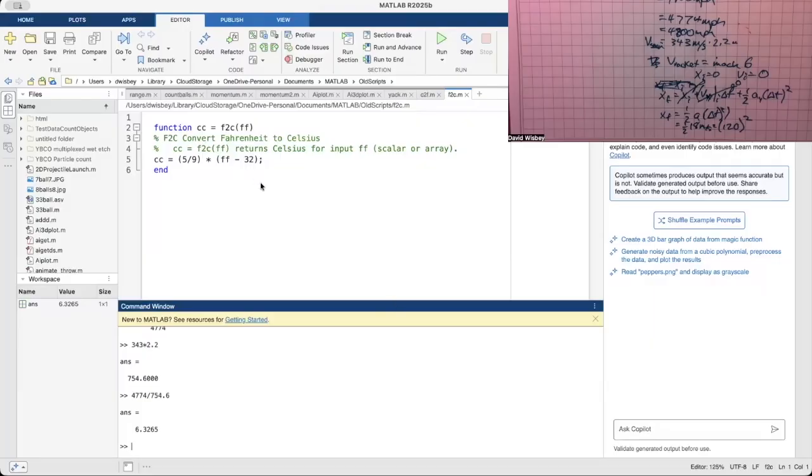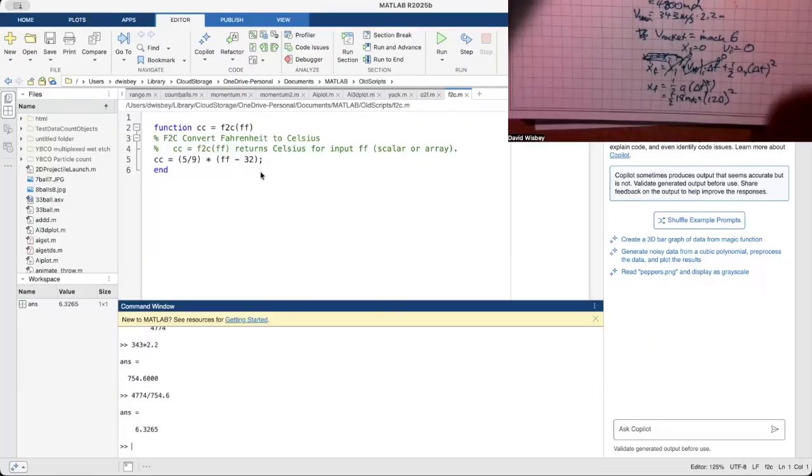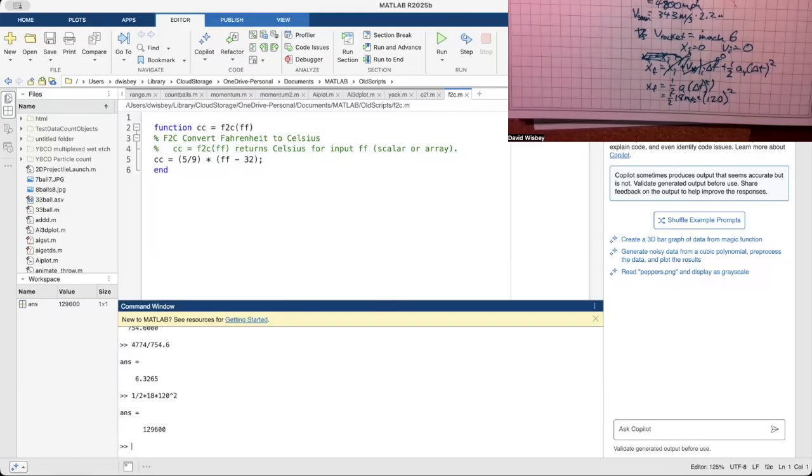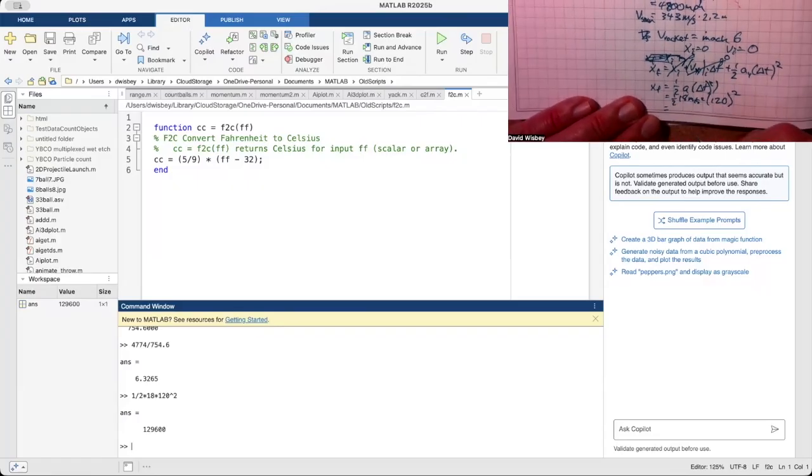And there it is. Oh, and it even kept my camera settings. Wonderful. Okay, so I'm just going to plug that in: 1 half times 18 times 120 squared. Wow. So that is going to give us 129,600 meters.